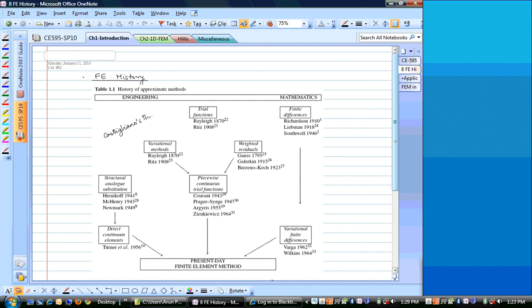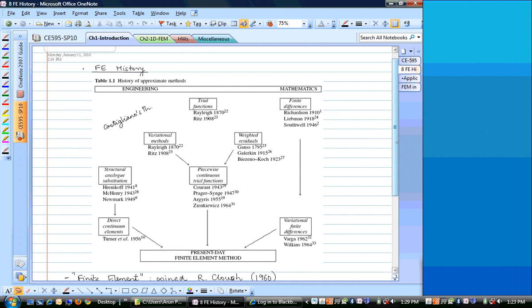So I talked a little bit about the finite element history. I'm not sure how much of that you got, but the important thing that I want to mention here is there are two types of approaches that were traditionally developed. One was the engineering approach that follows this path, and there were two other approaches that came from mostly mathematics. One is the method of weighted residuals, and you should think of the principle of virtual work when you think of weighted residuals.